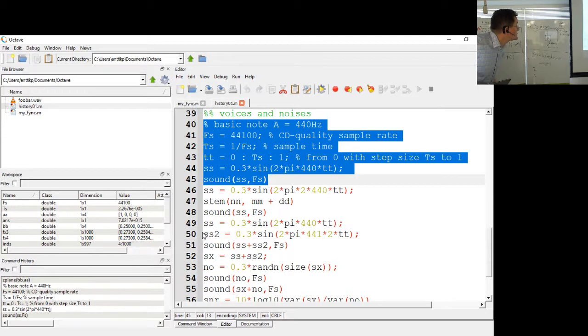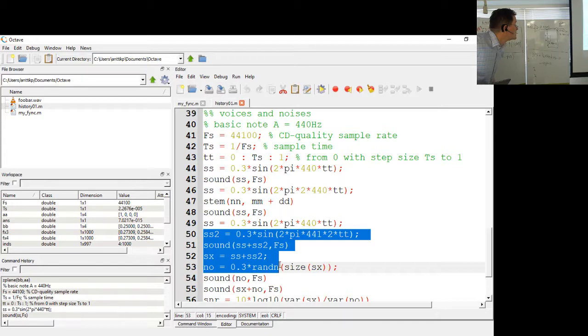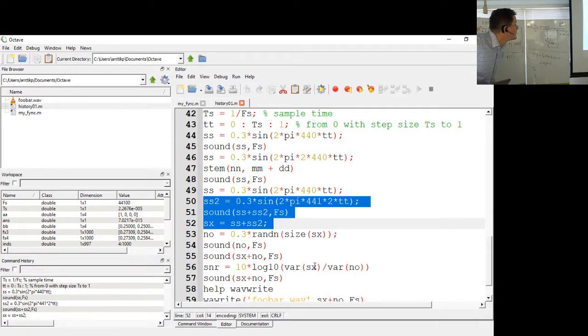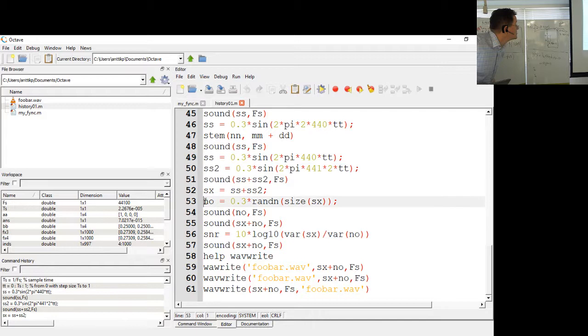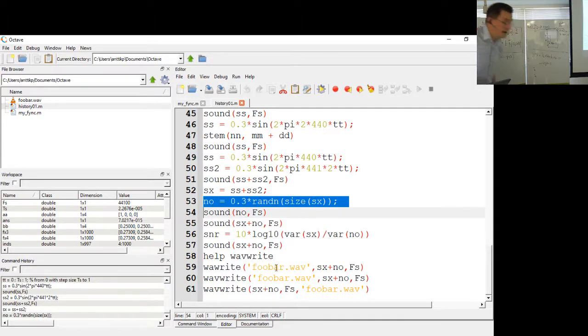I have that SS2 here. Great. Run that one. And then, okay, that's SX. And now I put in some noise calculations. And then I will go back to the command editor.